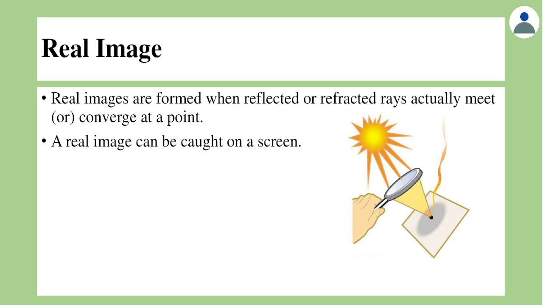A real image. You all might have learned this in high school. Real images are formed when reflected or refracted rays actually meet at a point. Whenever the light rays actually meet, it's called a real image.